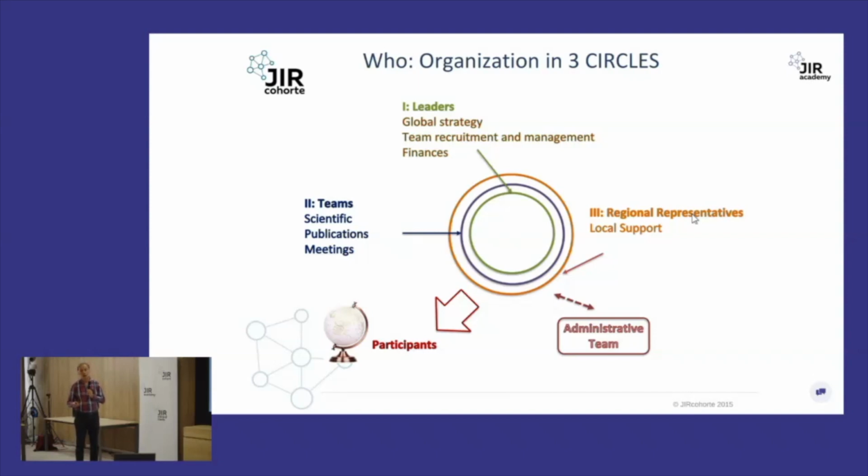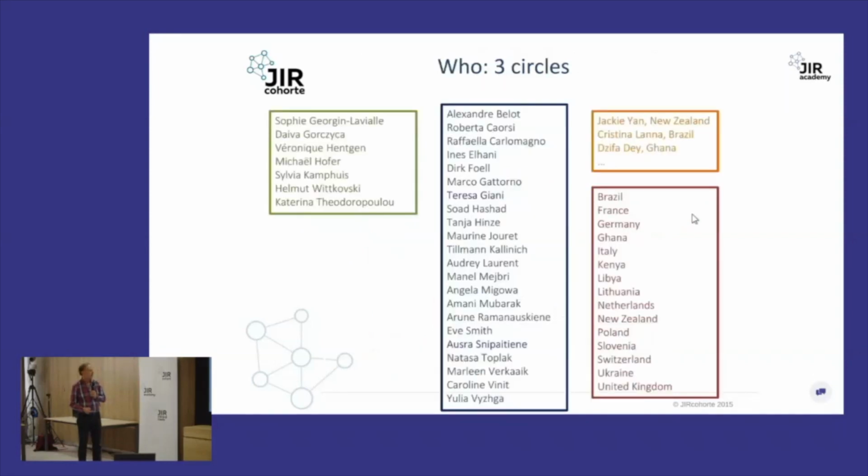And up to now, we already have the members of the first and the second circle, and now we are looking for the third circle. And then we will have participants worldwide who will fill in the questionnaires. And what is very important, we have an administrative team. And so here is the list of the participants.